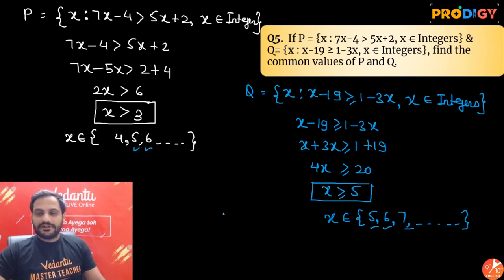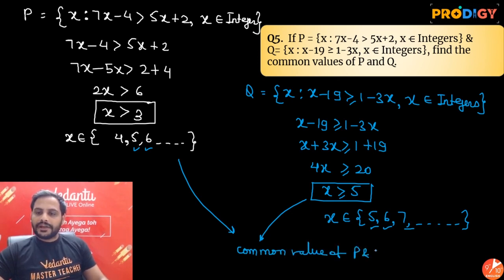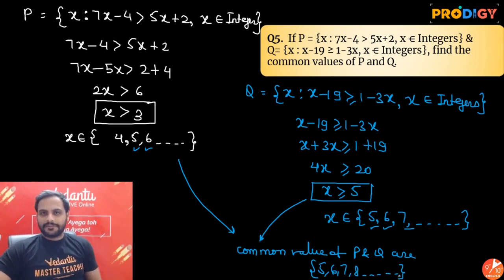These are available over there. Only 4 is not common. So I can say from these two, common values of P and Q are 5, 6, 7, 8 and this way keep continuing, keep going till infinity.